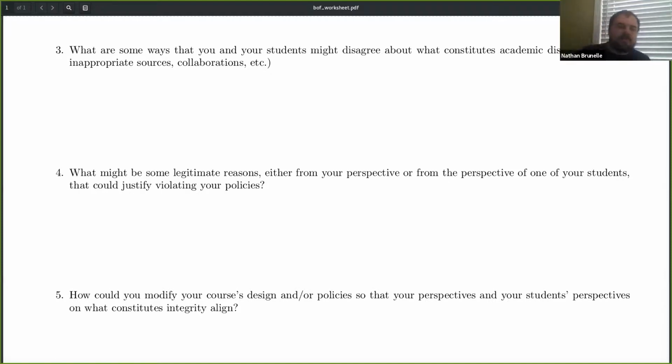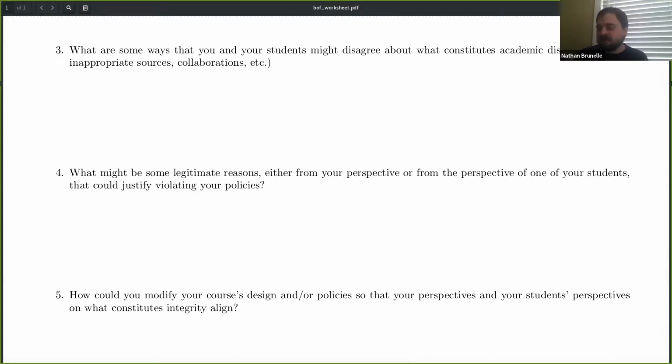And then question 4 is where we're really starting to get into the students' perspectives on some of these things. So can you think of reasons, whether from your perspective or from the perspective of one of your students, that might be a legitimate reason for that person to actually violate the policies?